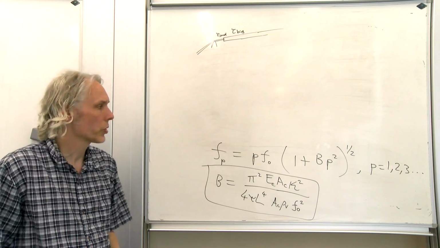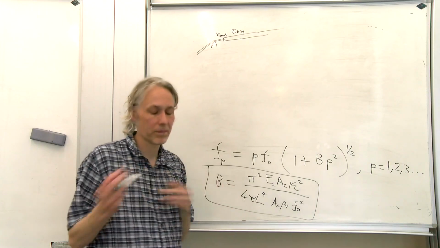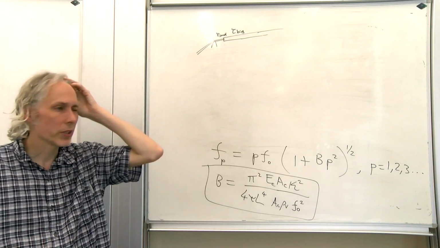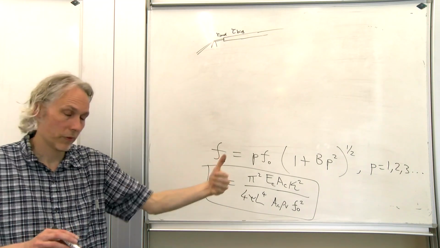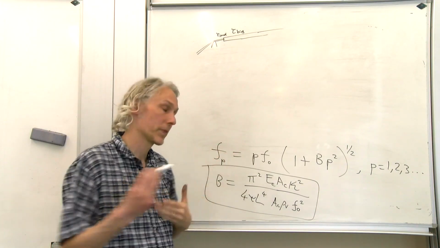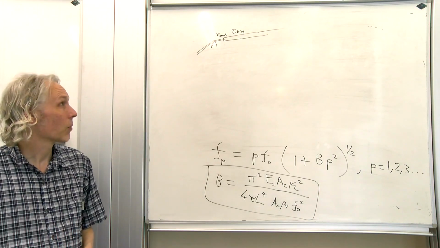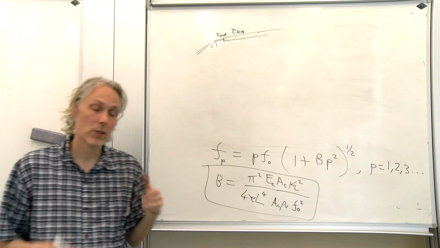What does that do to the mode shapes and stuff? How does it change the relative pitch of the fundamental compared to the second harmonic, except it's not a harmonic? How does it compare the fundamental to the second mode, and so on? Well, the answer is we can draw some pictures.